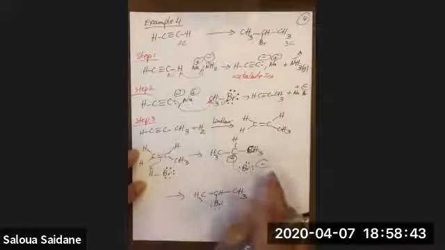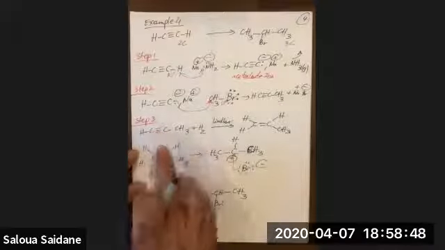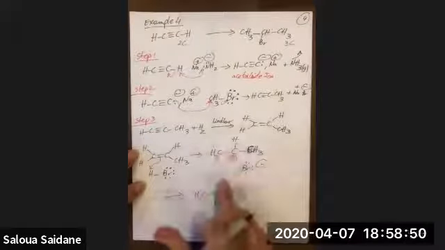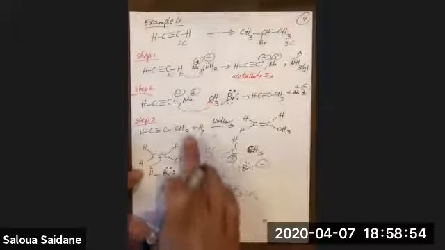Okay, we could also have done it the other way around. We can add HBr first, then add the hydrogen. But it's cleaner if we do it this way. Why? Because if you add HBr first, like we did here, there's still a chance that it will go twice again. Even if you don't put an excess, there might be some compounds that will give you this.